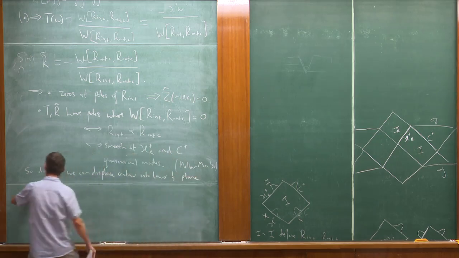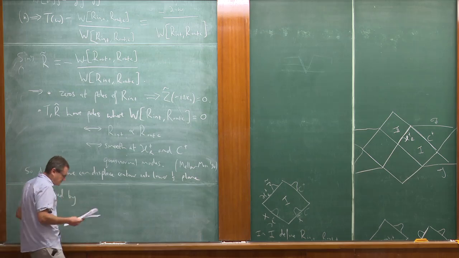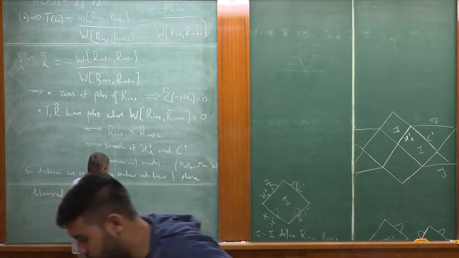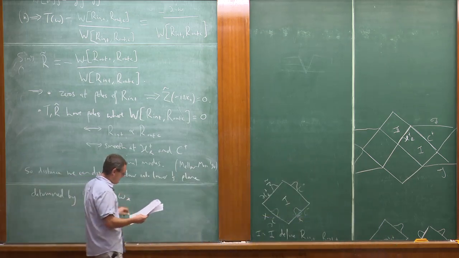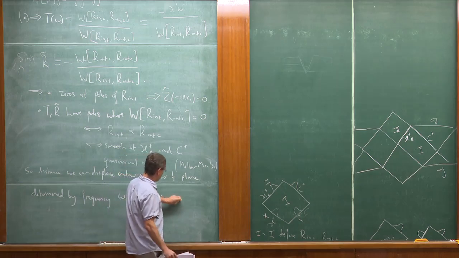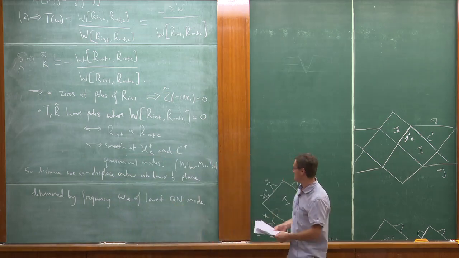So it's determined by the frequency, let's call it omega star, of the lowest quasi-normal mode. By lowest, I mean the slowest decaying, or the smallest imaginary part.